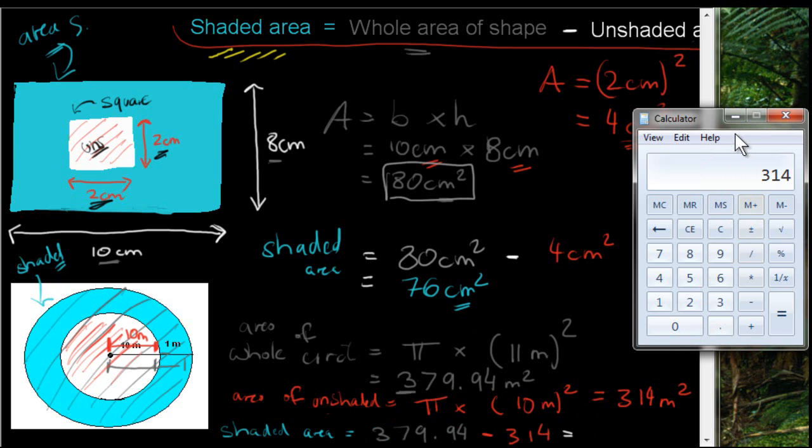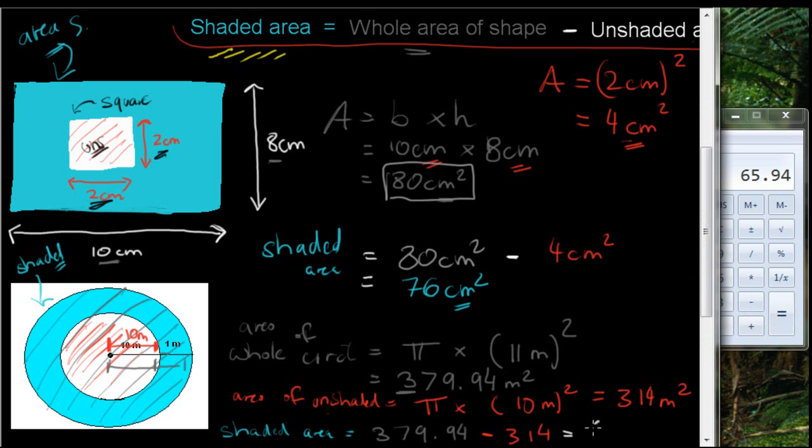So if we put that in our calculator, we have 379.94, take away 314, and that gives us 65.94 meters squared. So our shaded area, the area in blue, will be 65.94 meters squared.